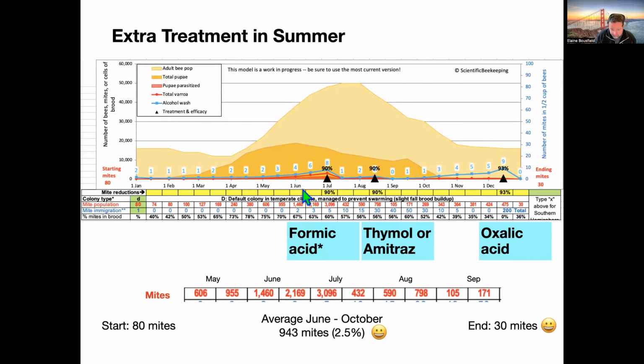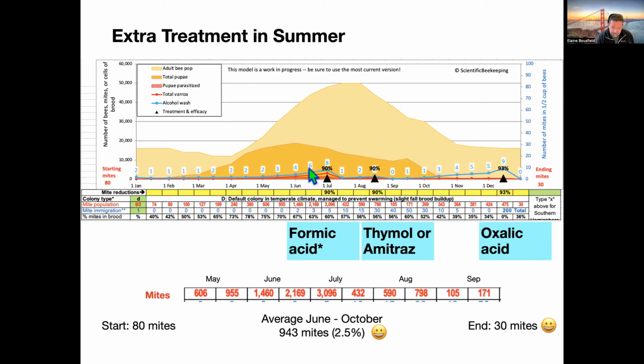Those are the sort of numbers that I see. Whereas one year I forgot on a couple of apiaries to do the oxalic acid, and then in June they were up around 8, 10 mites, which was way too high.